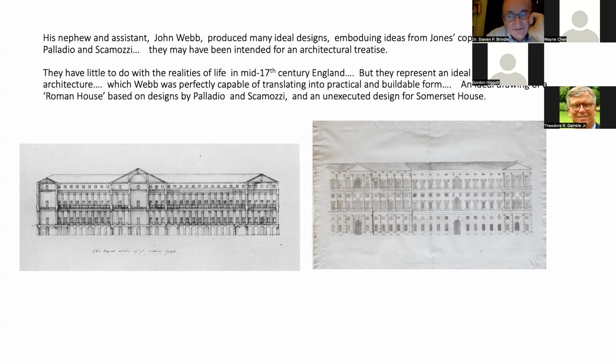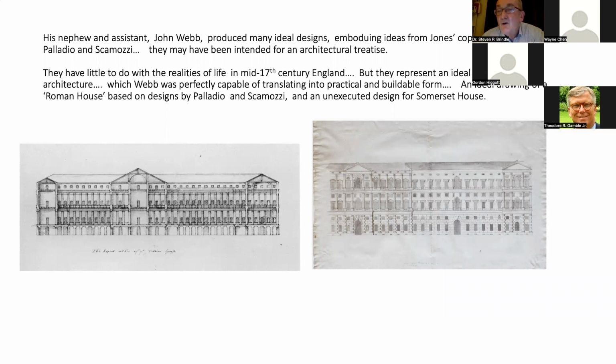But his nephew and assistant, John Webb, seems to have had a sort of project to produce ideal or theoretical drawings of the kind that both Palladio and Scamozzi produced in large numbers, like the one you see on the left, which is a design for an ancient house. And it may be that Jones and Webb were planning some kind of architectural treatise of their own, because there are over 200 of these things, but we don't really know.